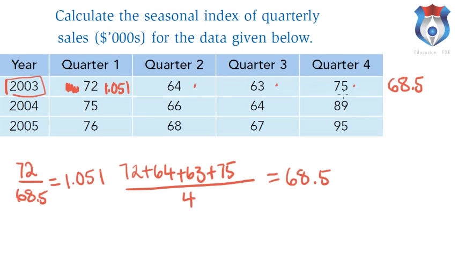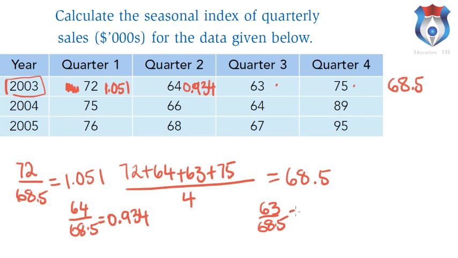Now I'm going to do that going along for these other results. So 64 divided by 68.5, which is 0.934. And because 64 is less than 68.5, I was expecting 0 point something. Now 63 divided by 68.5 gives me 0.920.